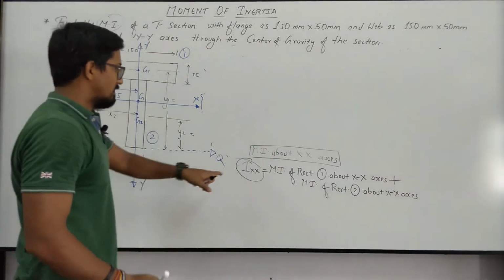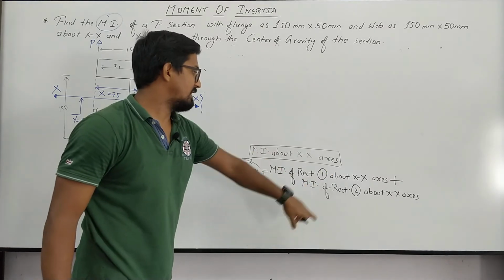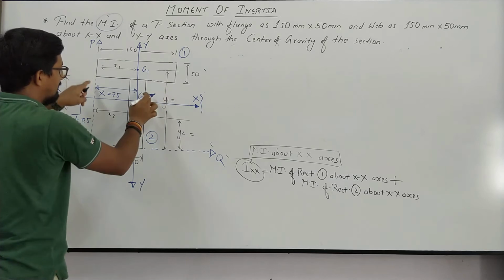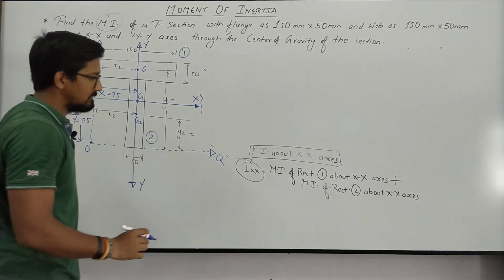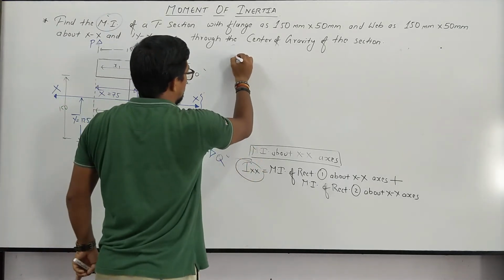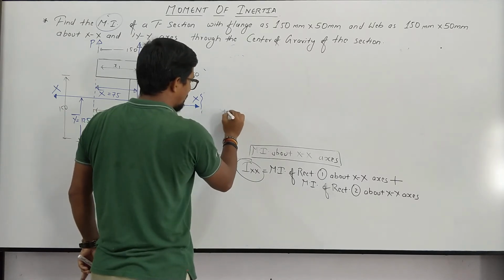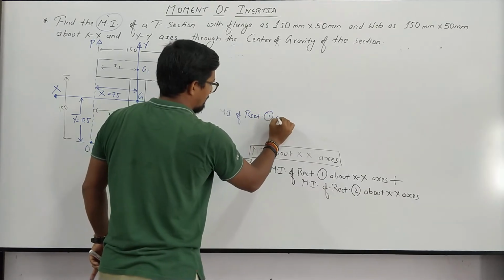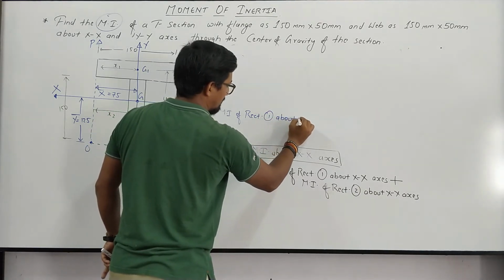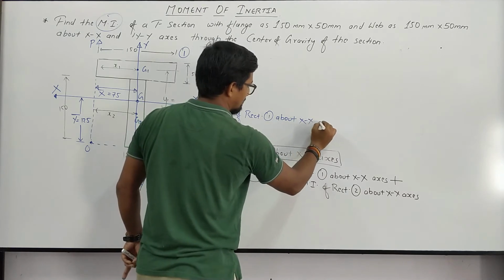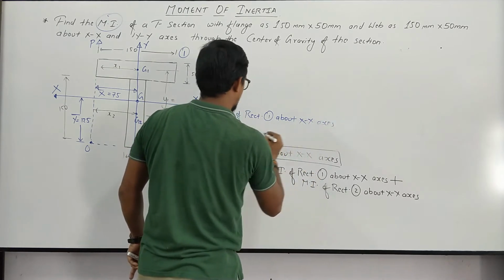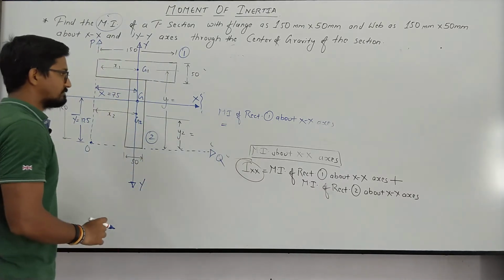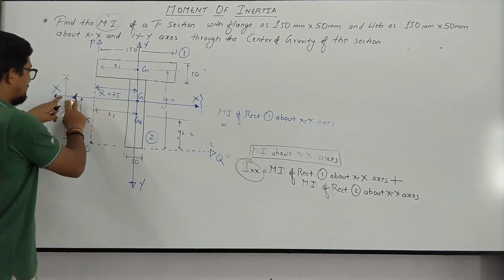So IXX is moment of inertia of rectangle 1 about XX axis, correct? So we have to find the moment of inertia of rectangle 1 about XX axis. Now see, this is the XX axis.